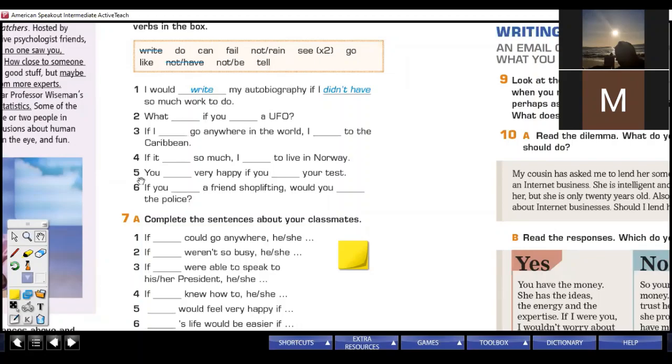Now, number 5. You wouldn't be very happy if you failed your test. All right, great. Number 6. You can tell me number 6. If you saw a friend shoplifting, would you tell the police?